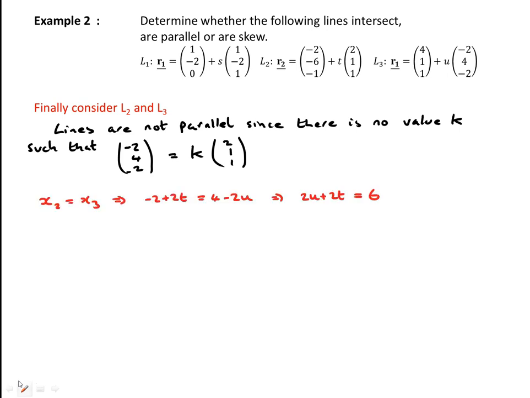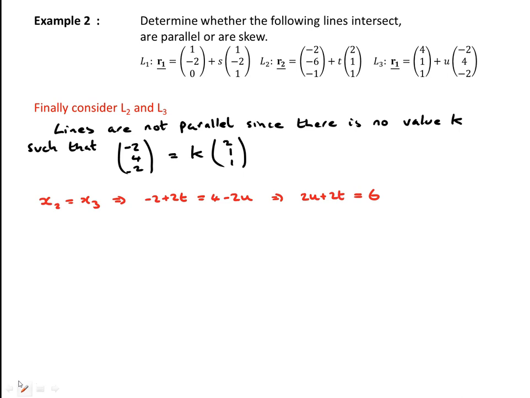So let's now try and find values of t and u so that the x-coordinate of L2 equals the x-coordinate of L3, and also the y-coordinate of L2 equals the y-coordinate of L3.